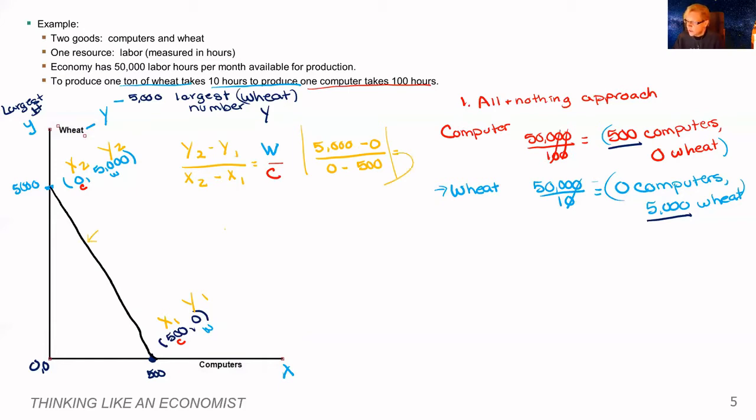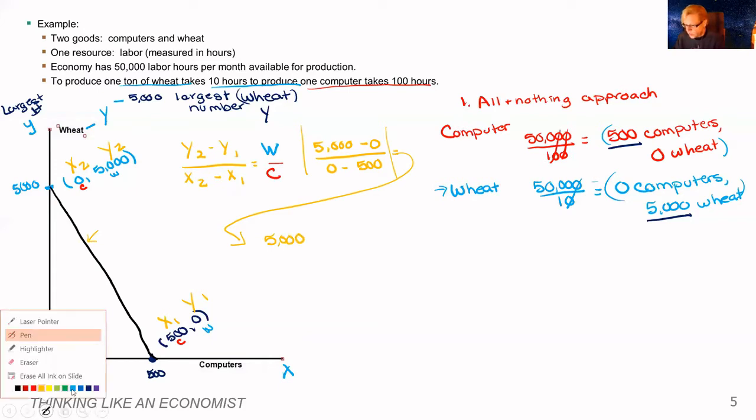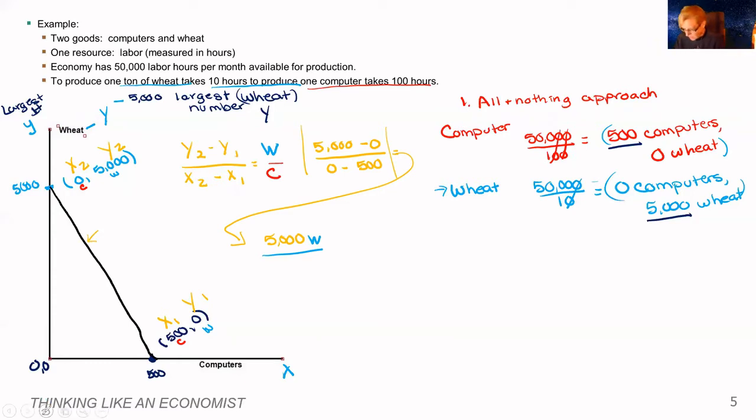So I can go ahead and solve this. I have 5,000, and again, I have 5,000 what? I have 5,000 wheat, so I'm going to keep marking those, over 500 computers.